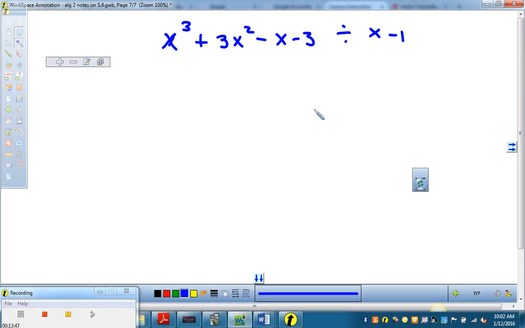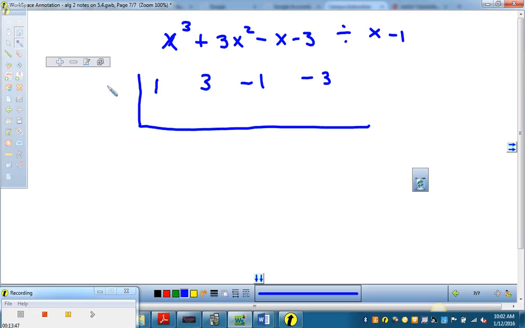Check your degrees. Does it skip any? Nope. So our coefficients get written down first. What are they? 1, 3, negative 1. We set up our little box. And what goes out here?